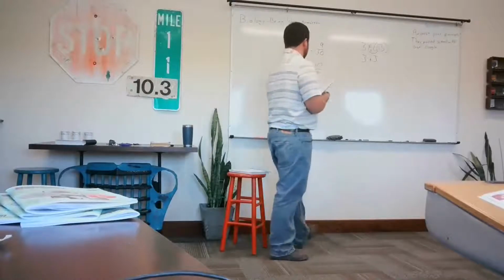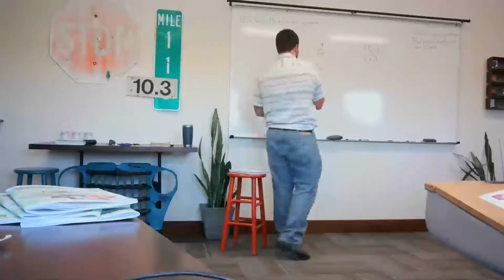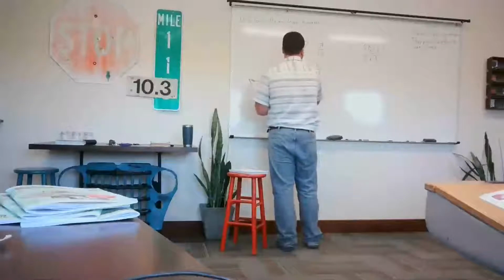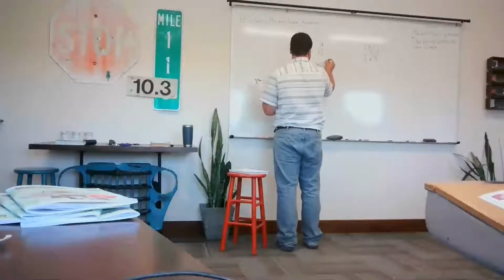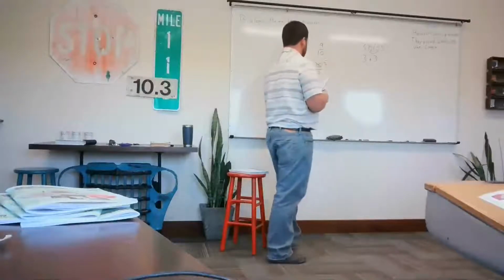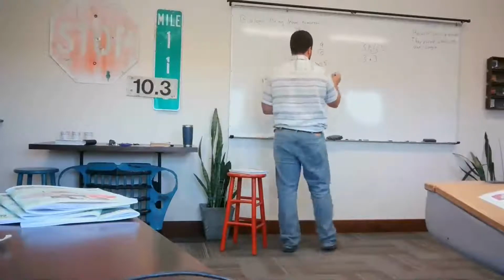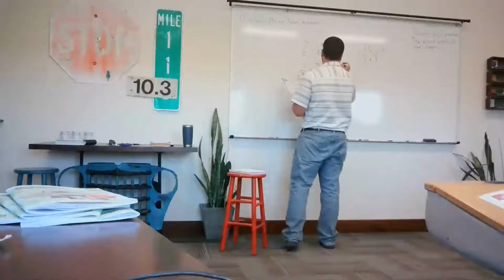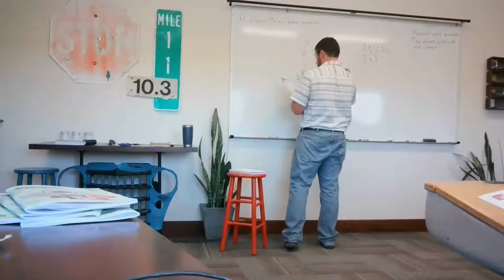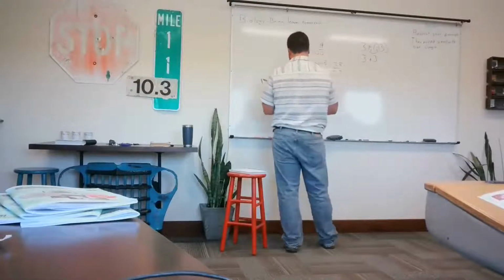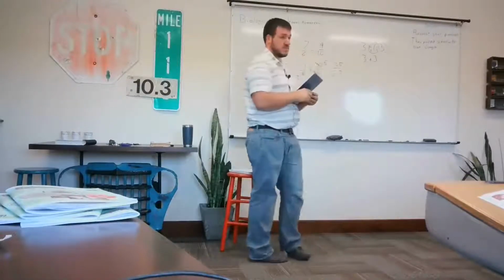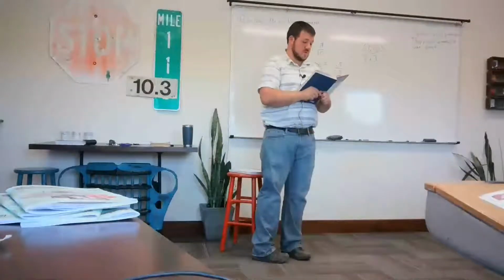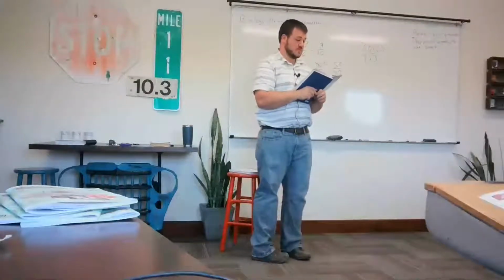Reduce the 6 to 3 and the 10 to 5, and we get 35 over 27. And then we're done. That is the answer. Do not reduce it.